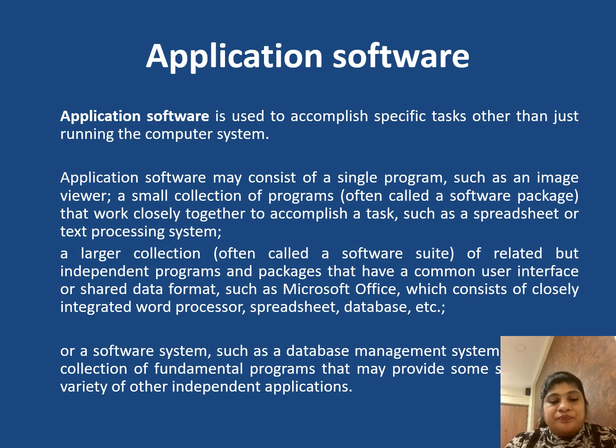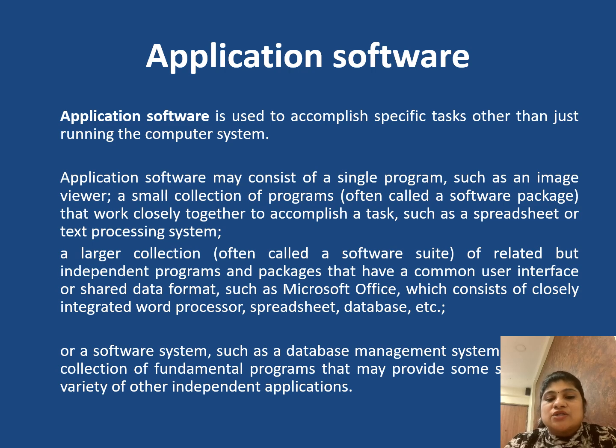Application software. Application software is used to accomplish specific tasks other than just running the computer system. Application software may consist of a single program such as an image viewer, or a small collection of programs that work closely together.